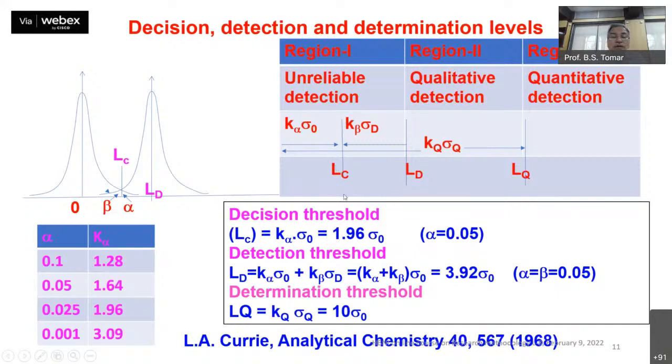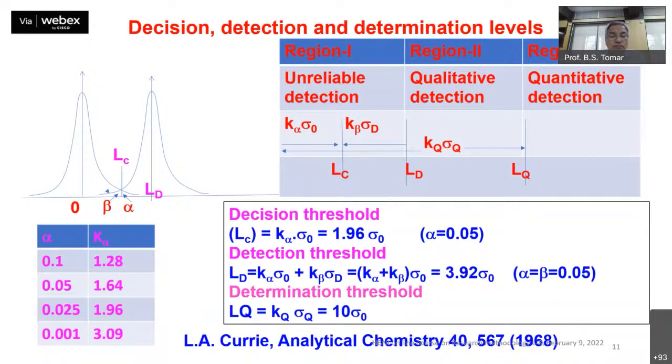So this is called the critical level for detection, and it is away from the mean of the background by K alpha sigma 0, where sigma 0 is the standard deviation of the background. Let's say 1.96 sigma of background. This is the 5%, 95% confidence level. So if you get more than this, you say it is unreliable detection. So it is called the decision level. It is there, but you are not sure whether you can detect it.